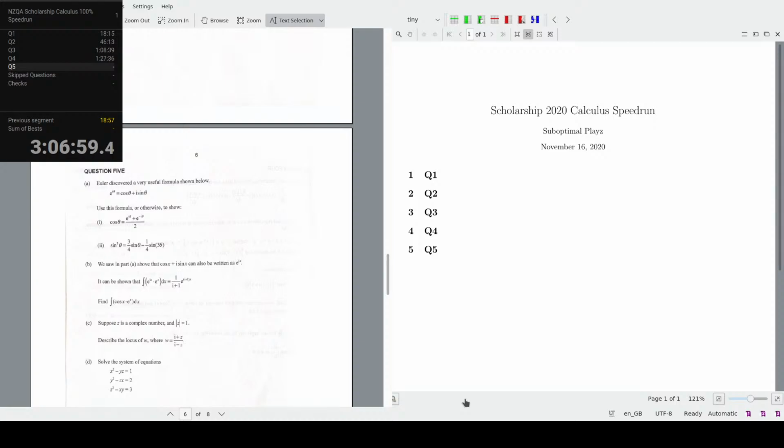So say the common difference is d. Then what you get is x squared minus x plus d, x plus 2d is equal to 1, which means x squared minus 3dx minus 2d squared is equal to 1.